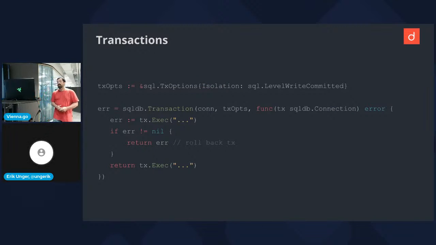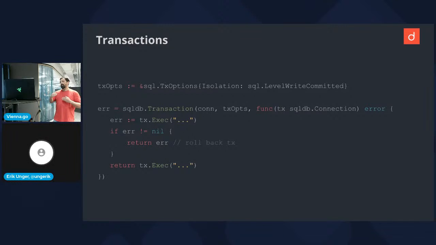Now it gets really interesting. This is how we do transactions. The idea is that the code that runs in the transaction is passed in as a function, and that function is called.